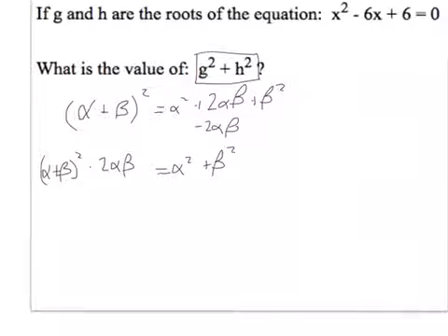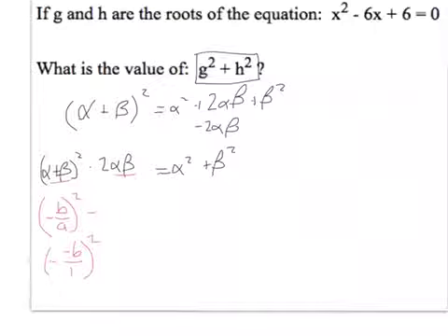Now that's perfect because I already know how to get the sum of the roots and the product of the roots. All right, so the sum of the roots, of course, from what we've been doing, is negative b over a. So in this situation, b is negative 6, so the sum of the roots would be negative b over a, which is negative negative 6 over a, which was 1.